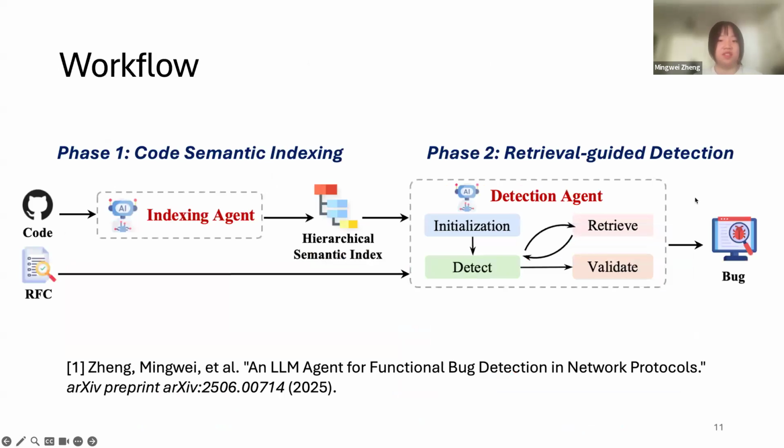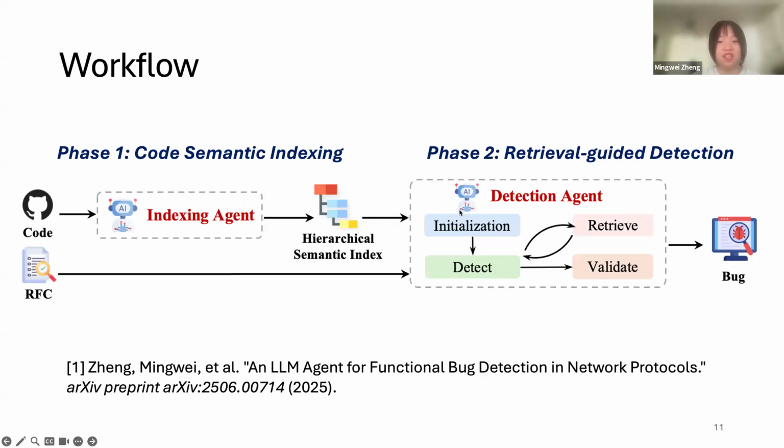To address this challenge, we propose a language model based multi-agent framework. As we can see from this picture, it contains two phases. Phase one is code semantic indexing, which contains a code indexing agent that builds a hierarchical semantic index of the whole codebase. This is very important for locating relevant code for further detection.